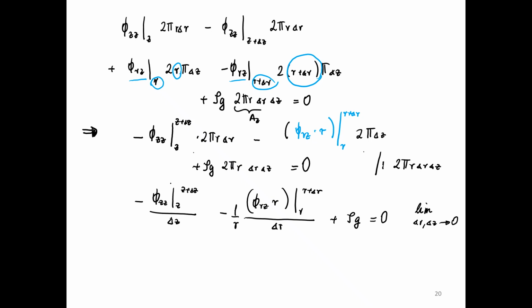What does this first term become? When I shrink delta Z, it doesn't depend on R, delta R, so it doesn't matter what R does. What matters is what Z does. Partial derivative in the Z direction of phi_ZZ.